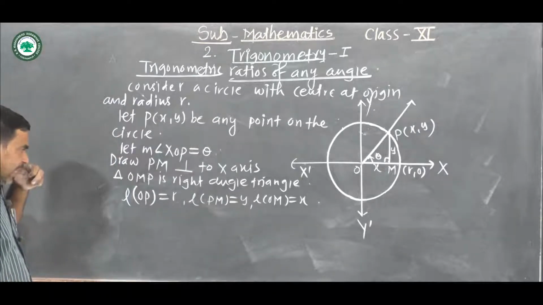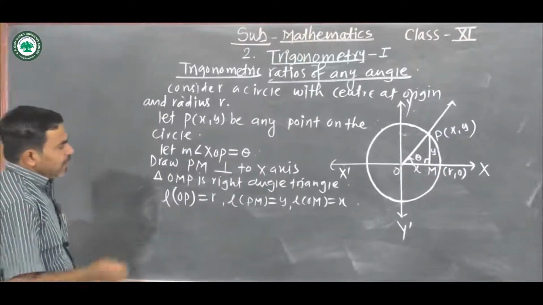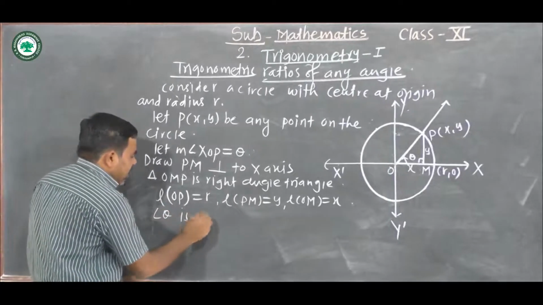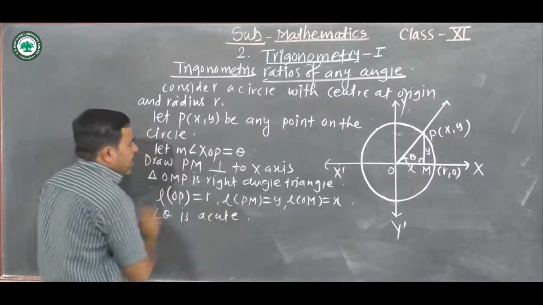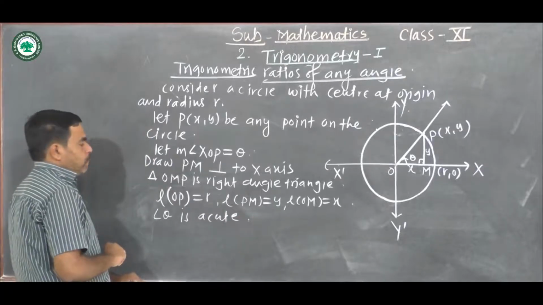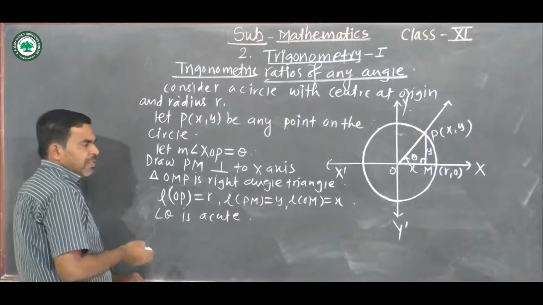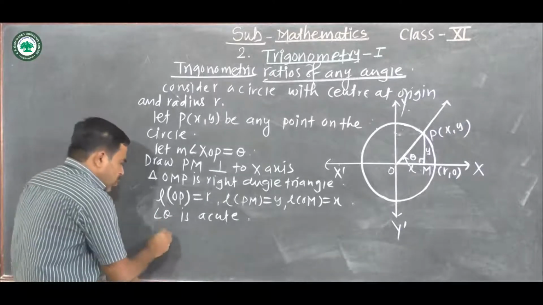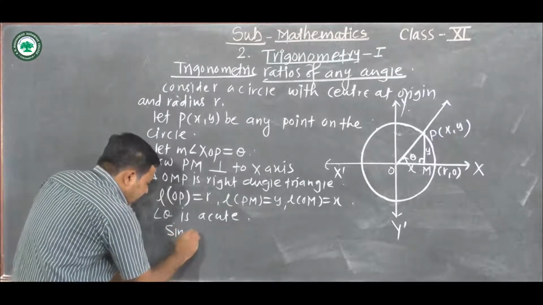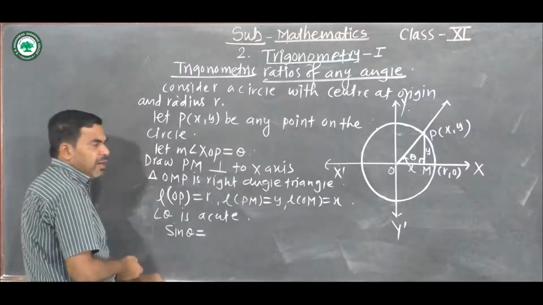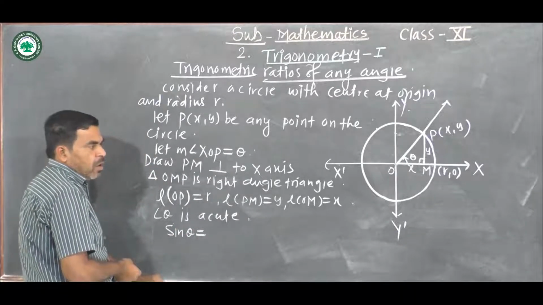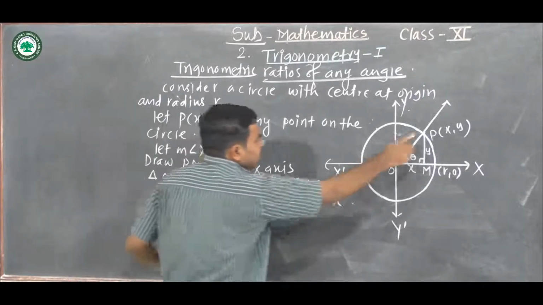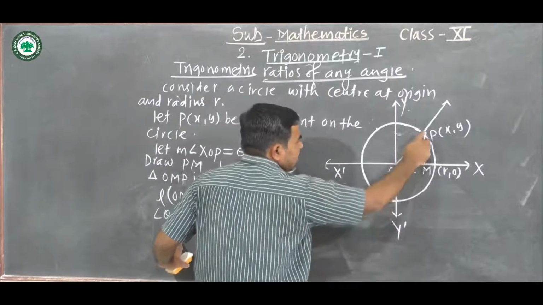Now in right angle triangle OMP, angle theta is acute. So we have 6 trigonometric ratios of acute angle in right angle triangle. So what is sine theta? It is equal to opposite side divided by hypotenuse. Opposite side of the angle theta is PM and hypotenuse is OP.